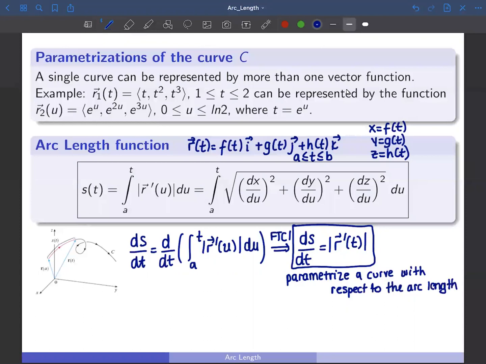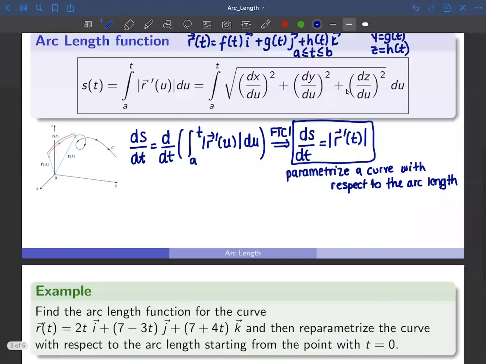And the reason that we sometimes choose to parameterize a curve with respect to the arc length is because the arc length arises naturally from the shape of the curve and does not depend on any particular coordinate system. So the arc length is something that is internal to the curve and does not depend on any particular coordinate system. Now let us see an example about that.